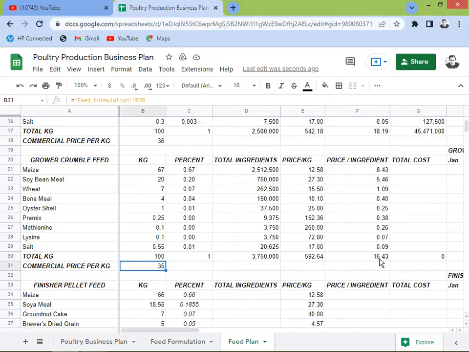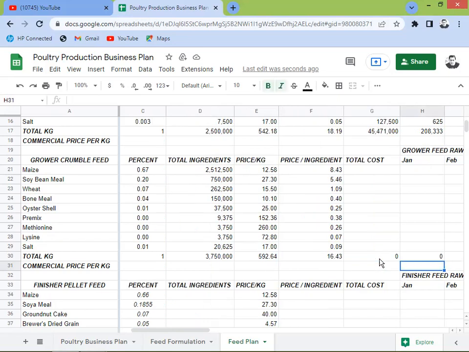Compared with 35 rupees, again, we're saving a lot of money here if we produce our own and purchase our own raw materials. We'll talk about the overhead cost later, the overall cost to produce, because we're talking about the raw materials only here.